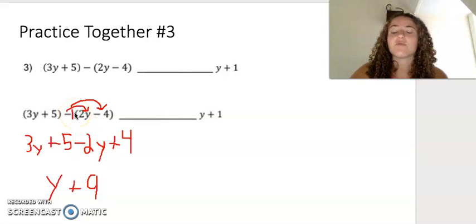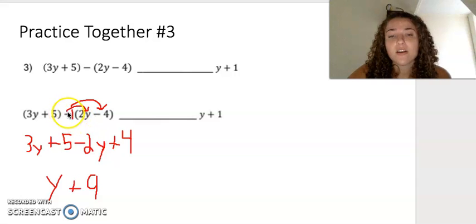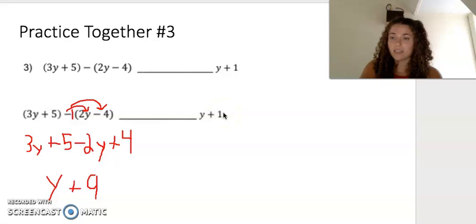If we had just done this really quickly, we could have done 5 minus 4 and then that would equal 1, but that's not the correct arithmetic. We want to distribute that negative sign to both terms and we get y plus 9, and so y plus 9 does not equal y plus 1.